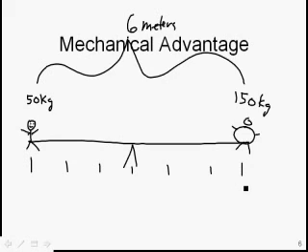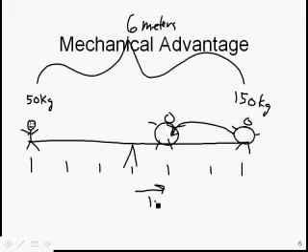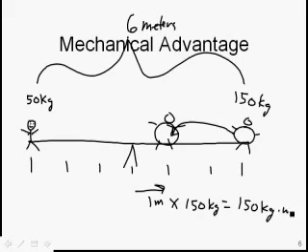Now, we can balance this teeter-totter by either adding more weight on this side, or we can do it by scooting this person in. So if we scooted this person in, we'd have 1 meter times 150 kilograms would equal 150 kilogram meters.